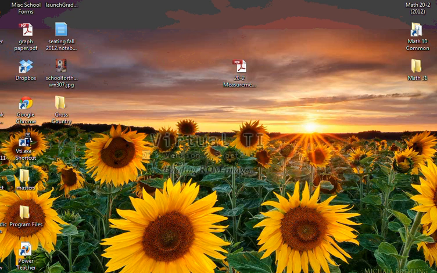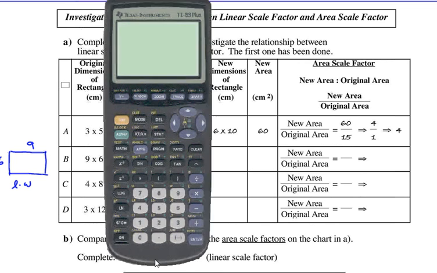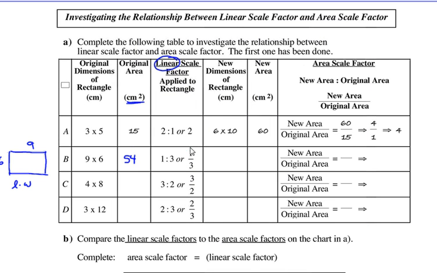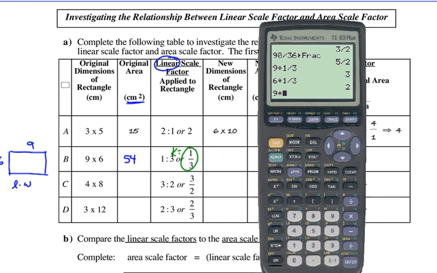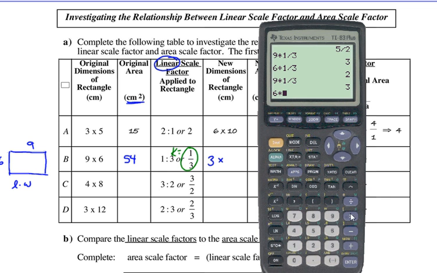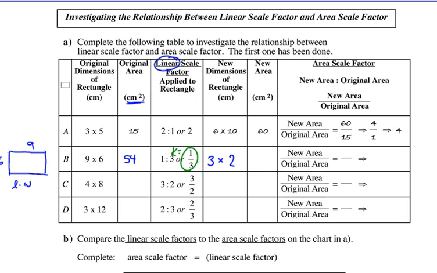So our original dimension, one of them was 9 centimeters, times our scale factor, 1/3. So 9 times 1/3 gives you 3. The other one was 6, so 6 times 1/3 is 2. So our new shape is 3 by 2.